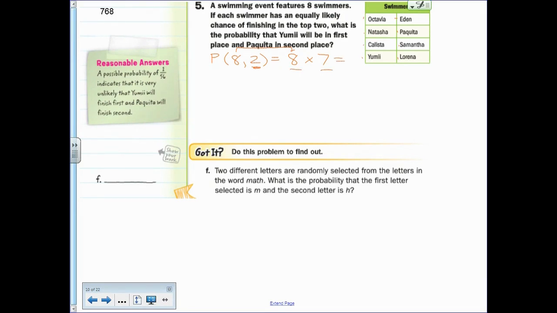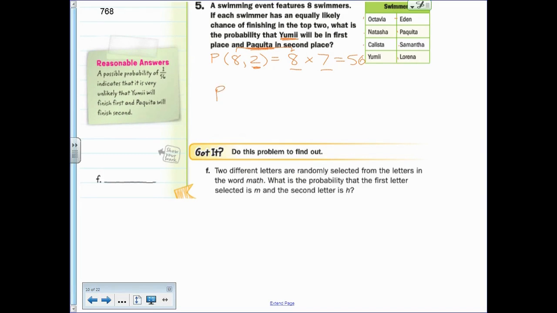And then 8 times 7 equals 56. Of those 56 ways that 8 swimmers could finish first or second, how many of those would be with the 2 persons' names, Yumi finishing first and Pakita finishing second?